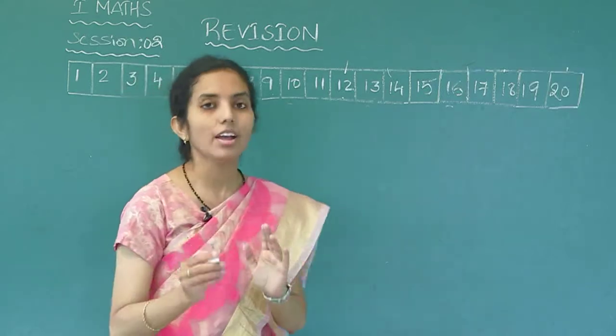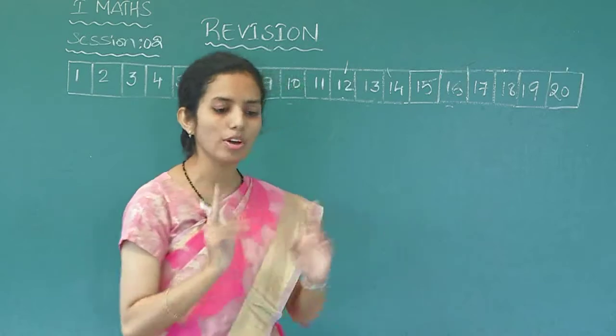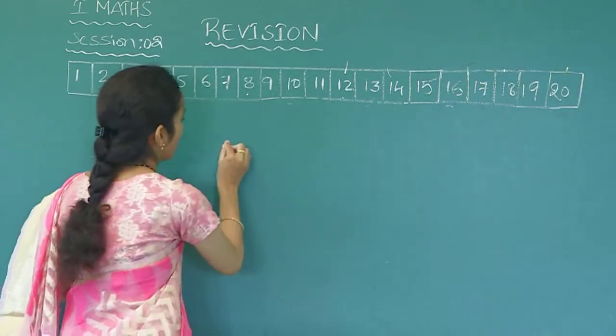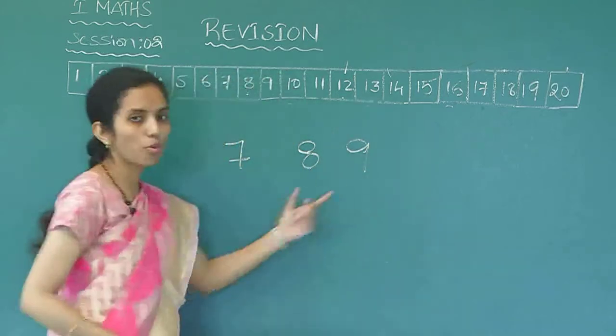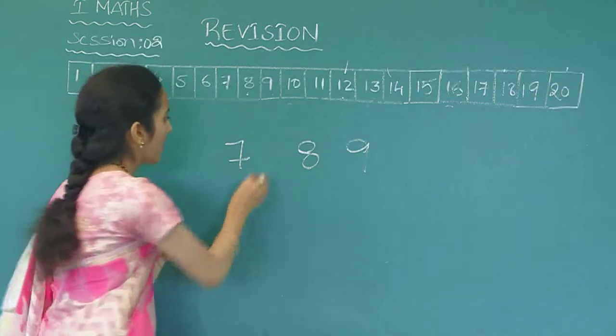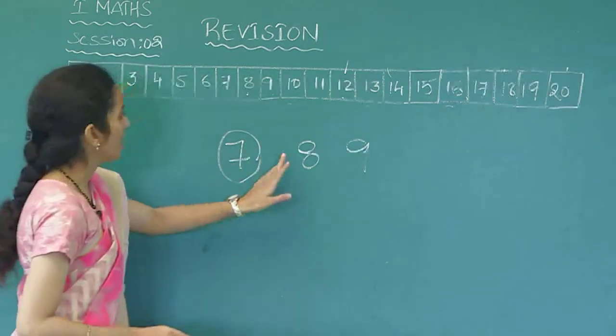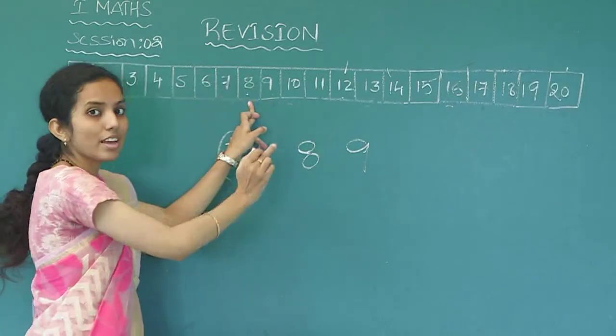So here in our textbook, a few numbers are given. I will write on the board and explain for you. So 7, 8 and 9. Which number is smaller in these three numbers? 7. Why? Look at 8 and 9. 8 and 9 are here. Where is 7?